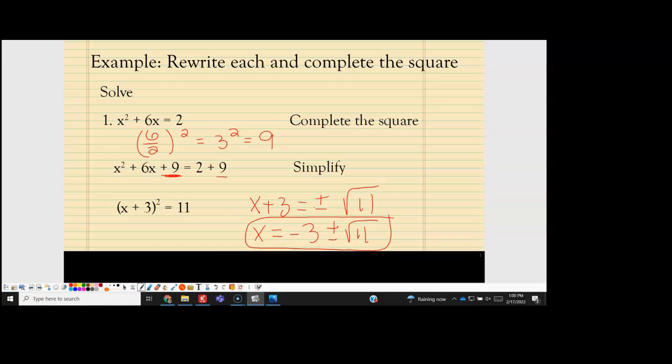And if you had done this in quadratic formula, you would have gotten that same answer. You can almost see how this answer kind of looks like a quadratic formula answer. What's nice about this form is what if I told you y equals x plus 3 squared minus 11? What form is that? Not standard. We live in standard form.